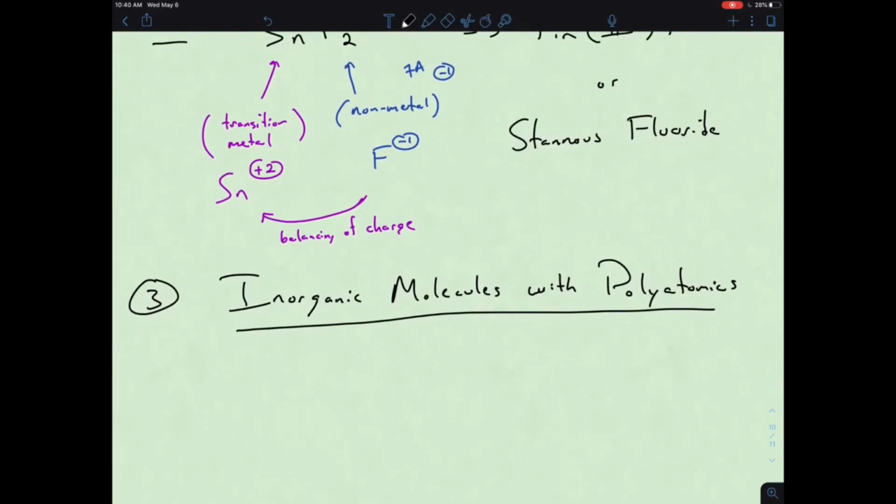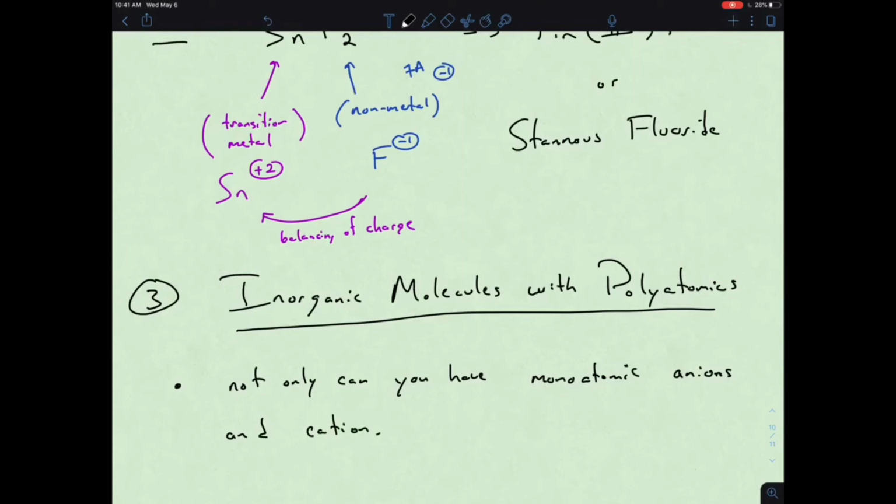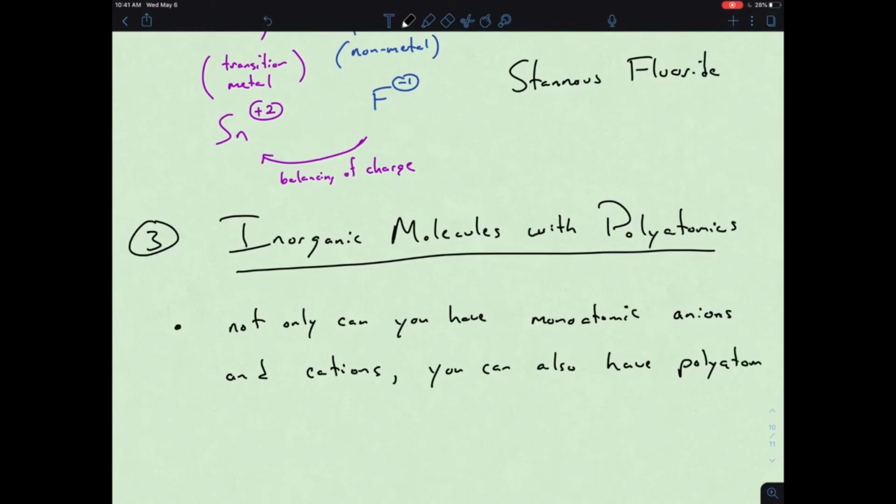And so what this is saying is that not only can you have monoatomic anions and cations, you can also have polyatomic anions and cations.